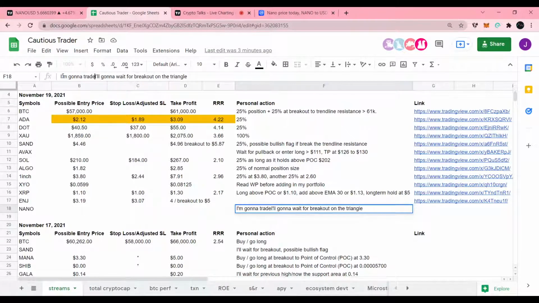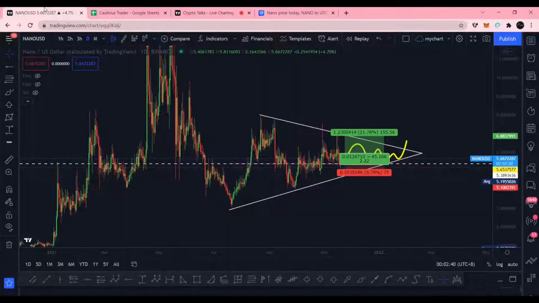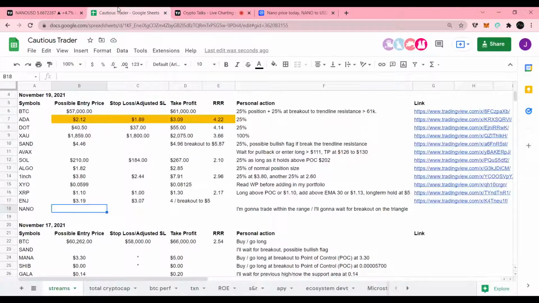Though normally you cannot see me trading spot. I'm going to trade within the range, or I'm going to wait for the breakout. If I trade within the range: entry price 5.65, stop loss 5.10, and take profit 6.88.